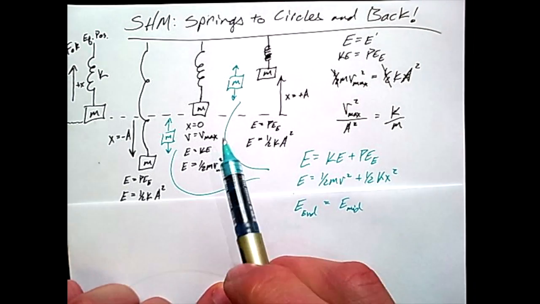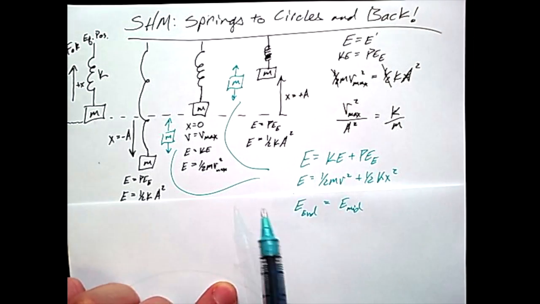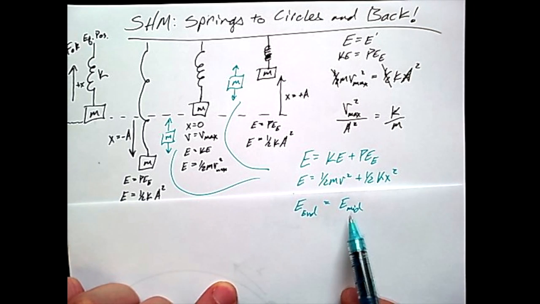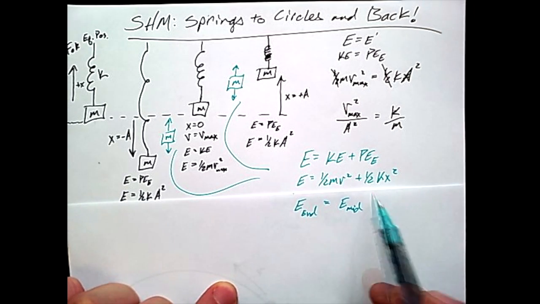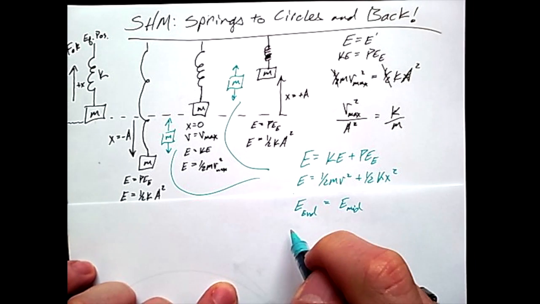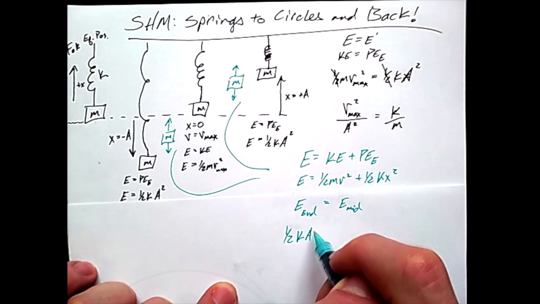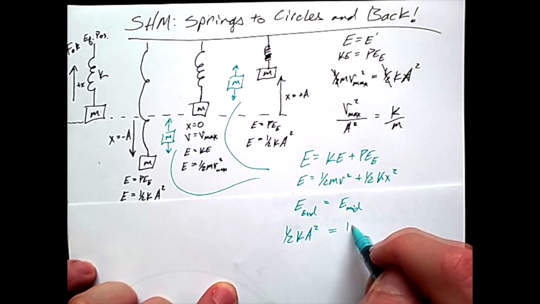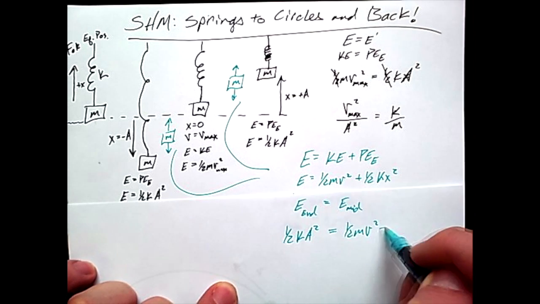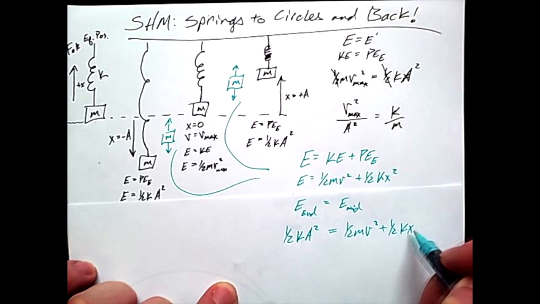In other words, the energy at the end point, where the position is maximized at the amplitude, compared to the energy at a midway point, allows us to set 1/2 ka squared equal to 1/2 mv squared plus 1/2 kx squared.